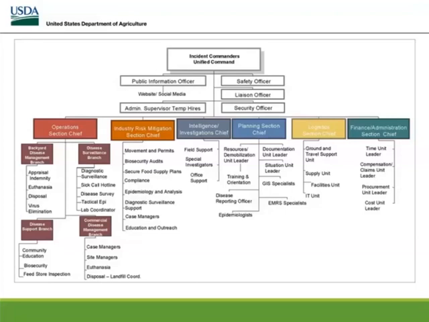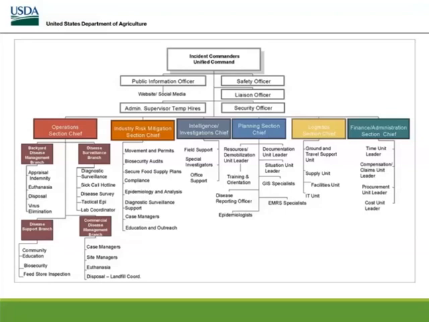Two examples of a diversion from your traditional ICS training: you'll see here we have an industry risk mitigation section. Early on during V&D, we wanted to make sure that we had dedicated personnel working with uninfected industry producers. That section was not located in the operations section, where they were dealing mostly with backyard infected premises.